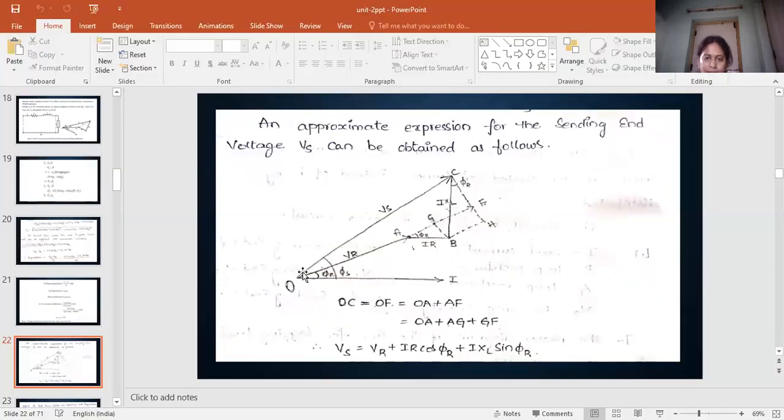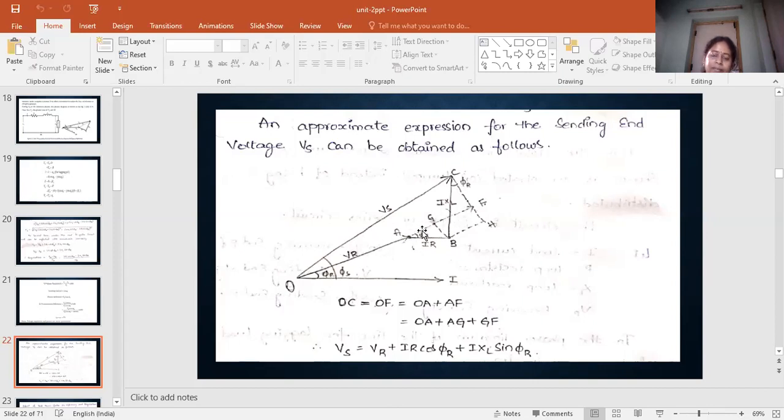So see here, I is the reference vector, and the Vr value and Vs value. Exactly, Vs equal to the Vr value, draw a line. Vr is this value, O to A, and we extend this line up to the Vs value up to point F. Here is one more point we can draw, for finding this extension value.